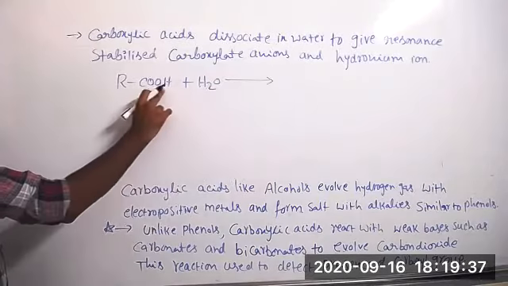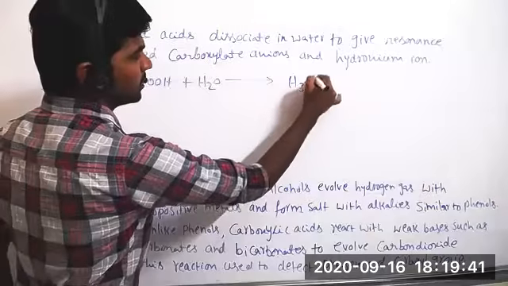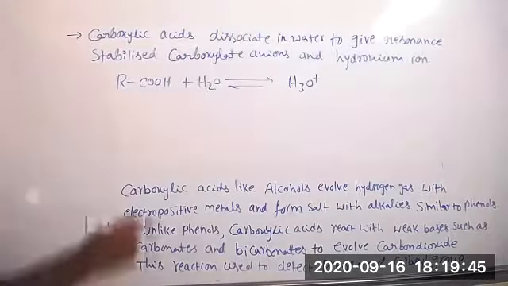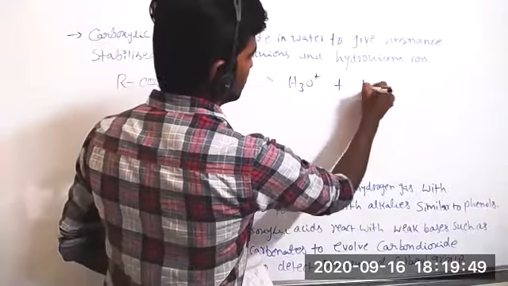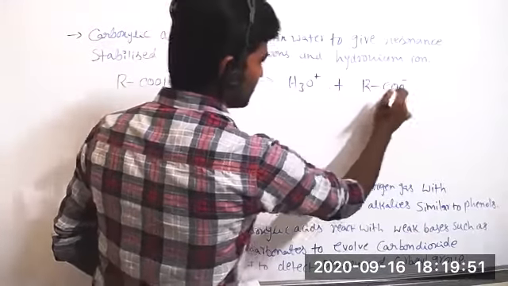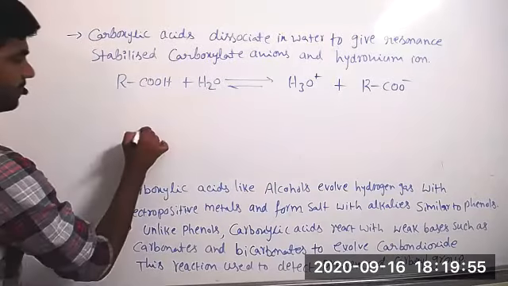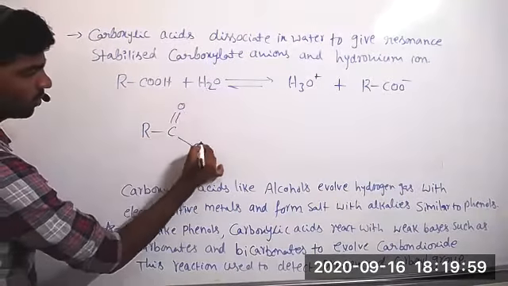So carboxylic acid donates a hydrogen atom to H2O, so this becomes H3O+. It is actually a reversible process. And this becomes RCOO minus, but this one exists as a resonance stabilized ion, RC double bond O and O minus.